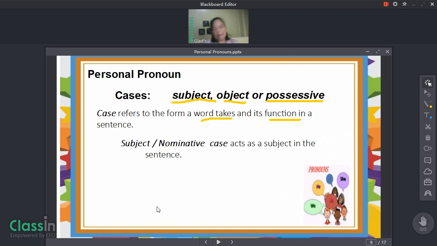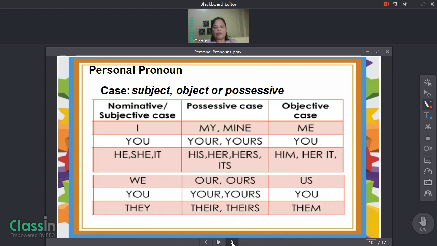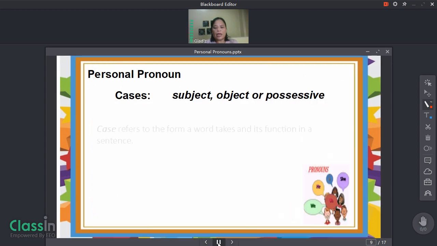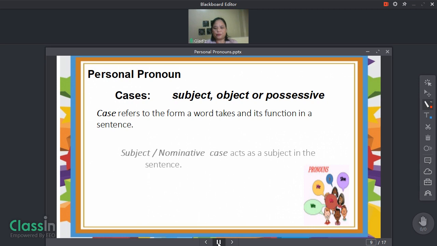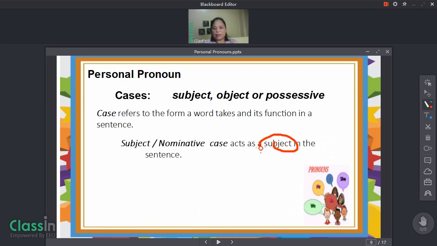Look at this one. We have the subject or nominative case. From the word itself, subject, the personal pronoun is used as a subject in the sentence. And for the next case, we have the objective case.